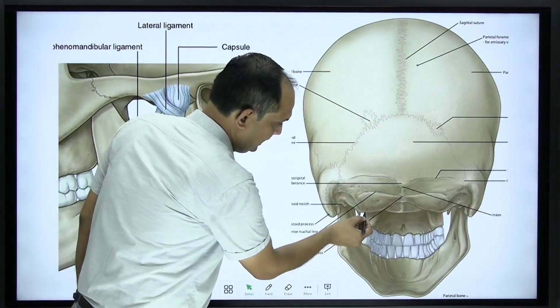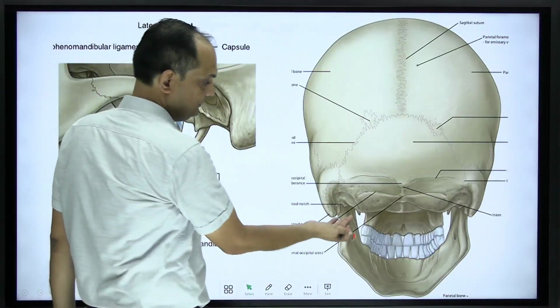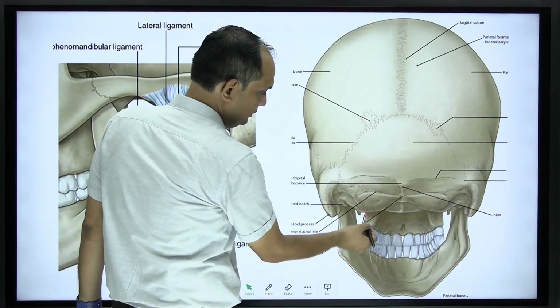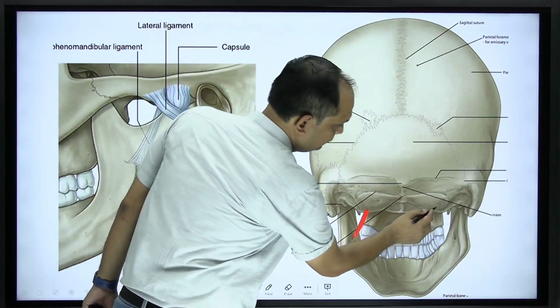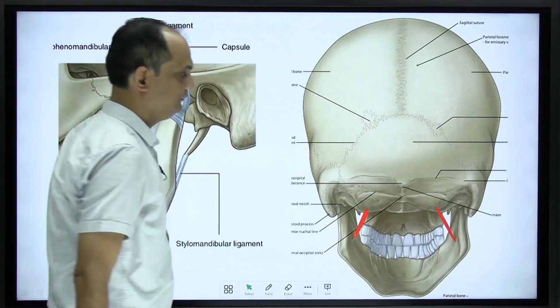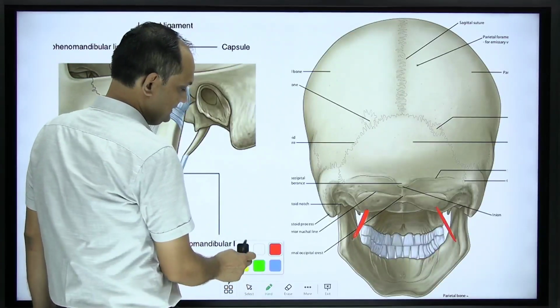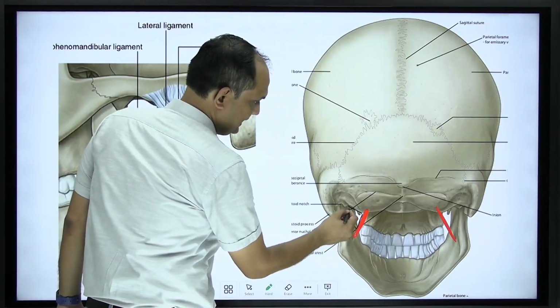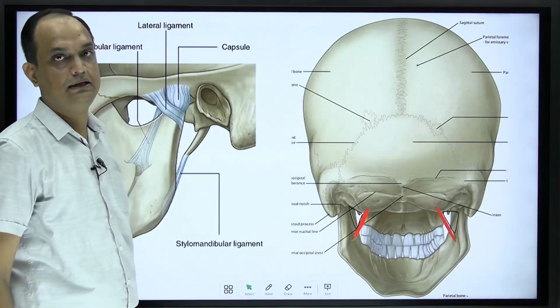Now from this lingula, and suppose in the base you have the spine of the sphenoid, which is not visible right now, if you draw this ligament here, this is the attachment of the ligament on both sides, from the spine of the sphenoid to the lingula. Now you can see that there is a gap. This gap is between the inner side of the mandible and the ligament.